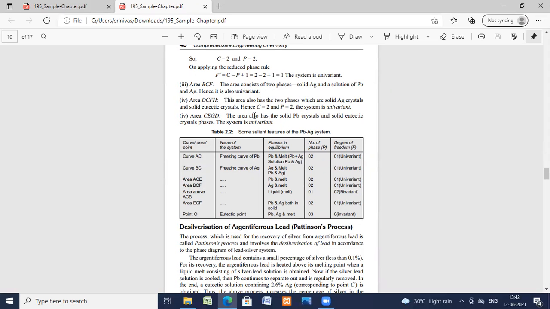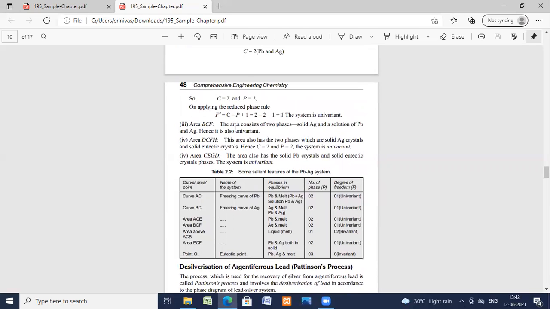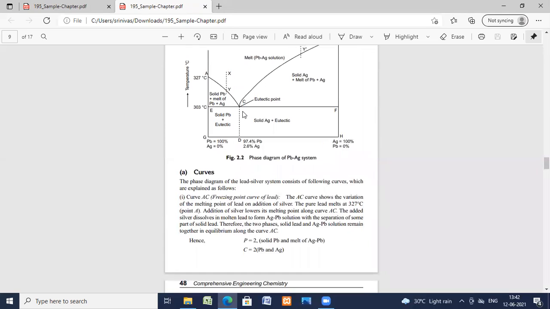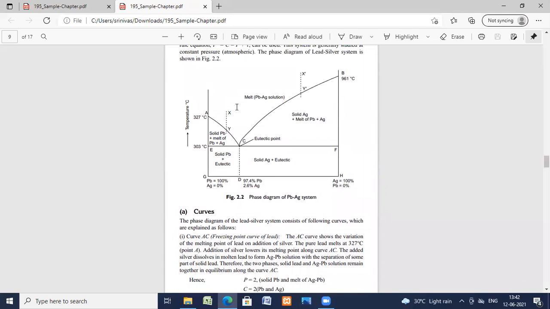Now let us see area CEDG. First this is the area, second this area, now this area.